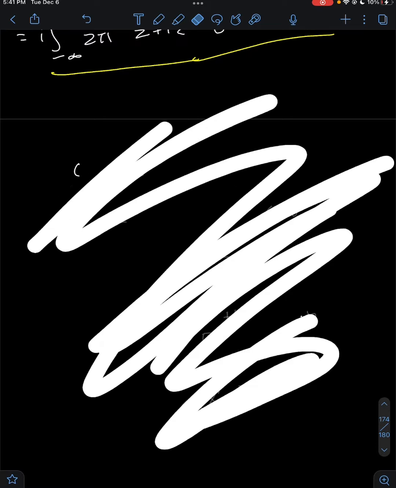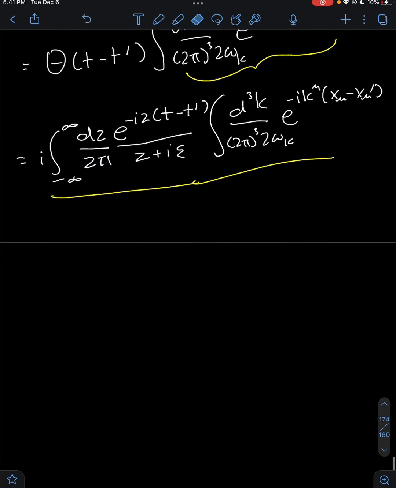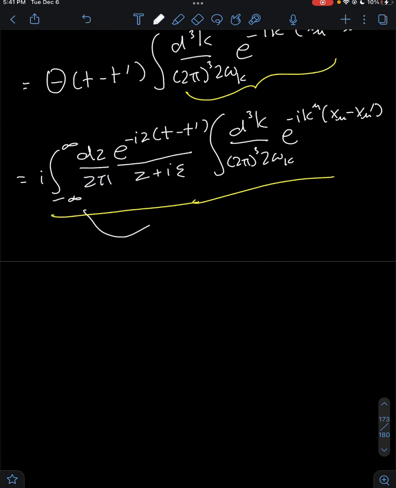After doing that, we need to solve this integral over here. Well, we're not actually going to solve it in this video. We're going to simplify it. What we can do first is combine the (2 pi)^3 with the 2 pi.